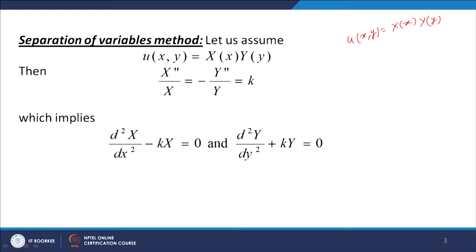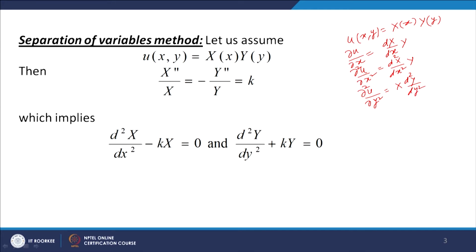Now, if u(x, y) is assumed as the product of a function of x and a function of y, then you find its partial derivatives. The partial derivative of u with respect to x is dX/dx times Y, and del square u by del x square is equal to d square X by dx square times Y. Similarly, del square u by del y square will be equal to X times d square Y over dy square.